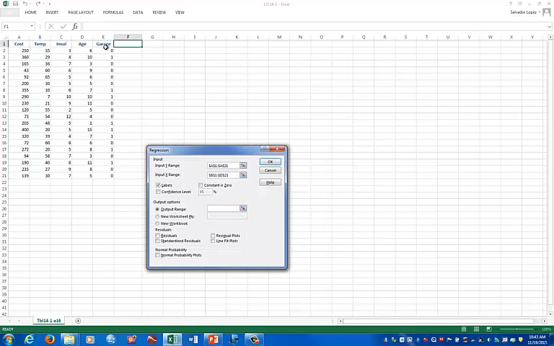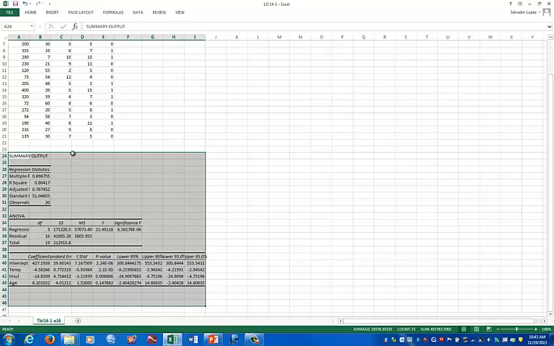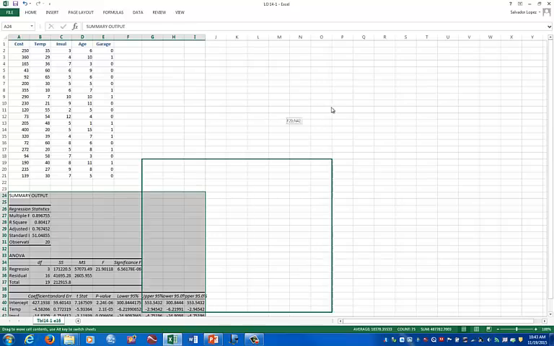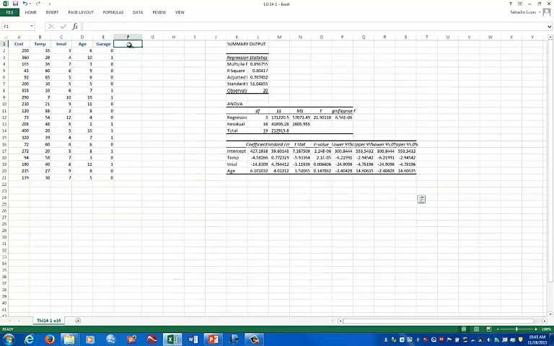You see an extra variable, garage, here, but that is going to be introduced later. And let me get the output right here below. We can move it here. And my equation is here in the coefficients, as you may recall from the previous section.